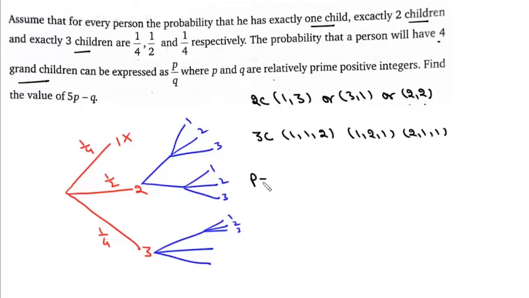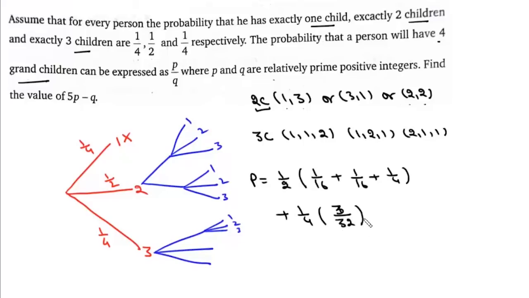Now this required probability will be, the probability of having 2 children, it is 1/2 into, now 1 and 3, 1 and 3 is 1/4 into 1/4. So it will be 1/16. 3, 1 is also 1/16. And then 2, 2 is 1/4. Plus the probability of 3 children, it is 1/4. And then 1, 1, 2. 1, 1, 2 is 1/4, 1/4 and 1/2. And that will be 1/32. And there will be 3 cases.